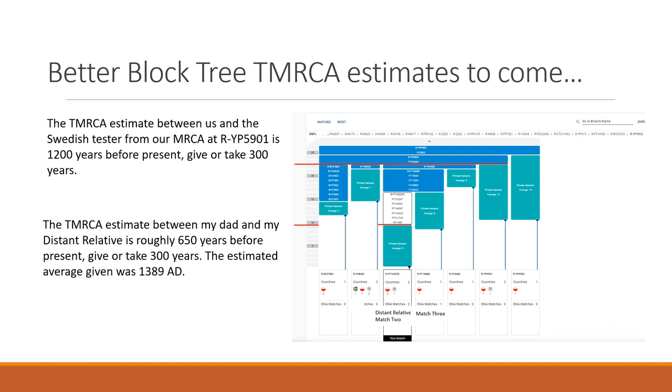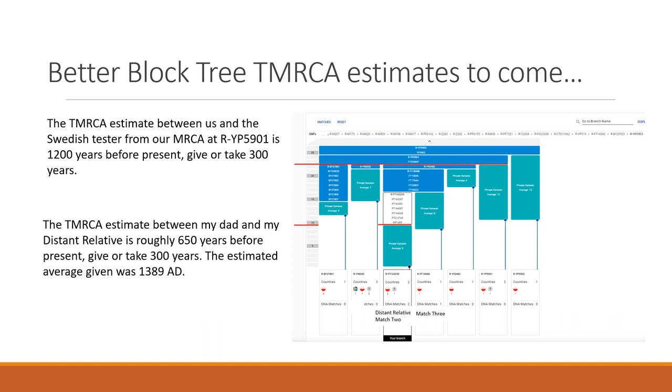The best estimate I've got for our most recent common ancestor with the Swedish tester at our common ancestor at YP5901 would be 12,000 years ago, 12,000 years before present, give or take, down from 1,760. So it's a little bit less.